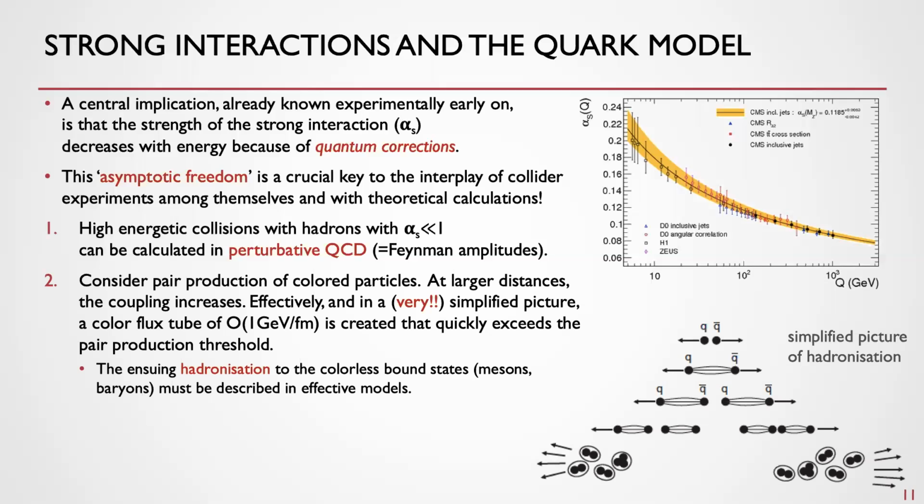The energy density in the flux tube is roughly 1 GeV per Fermi. But 1 GeV per Fermi is roughly the energy that's already in a proton, because a proton is roughly a GeV and has a diameter of a Fermi. In other words, a proton consists of quarks, and then with a GeV per Fermi gluon field around it.